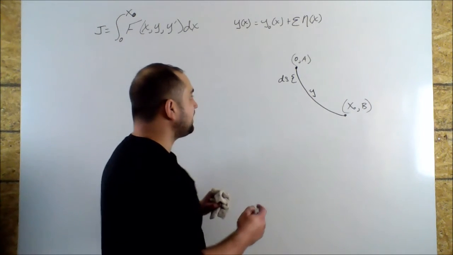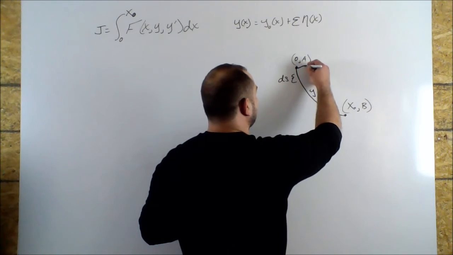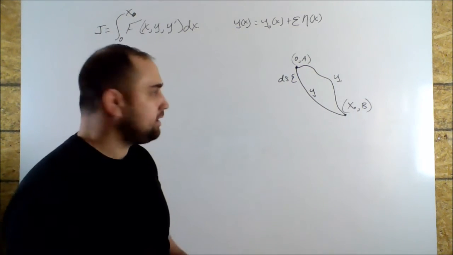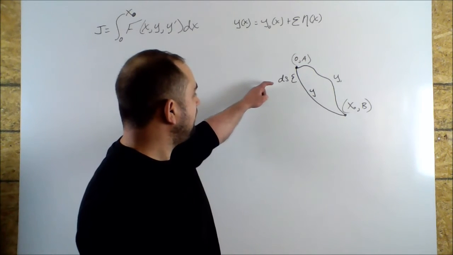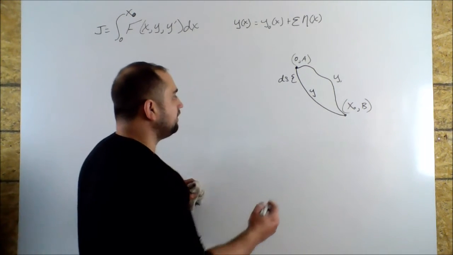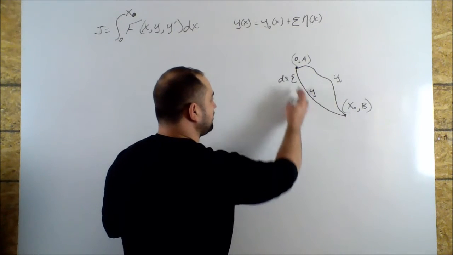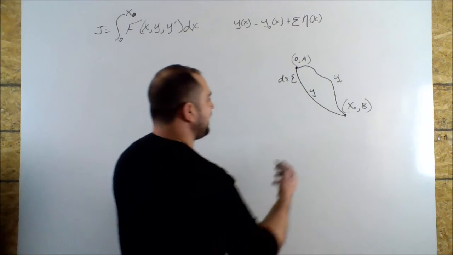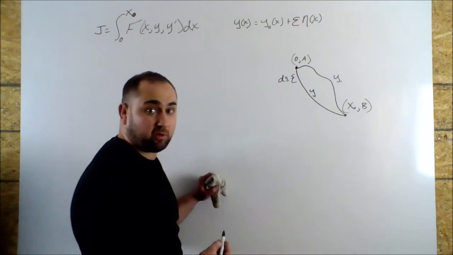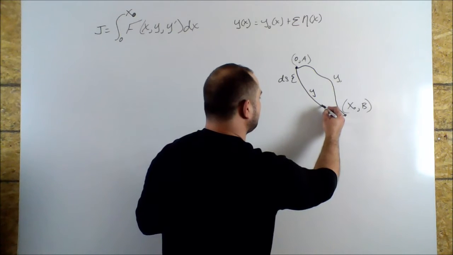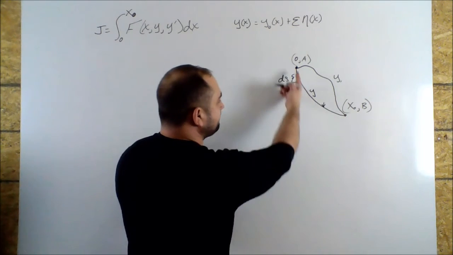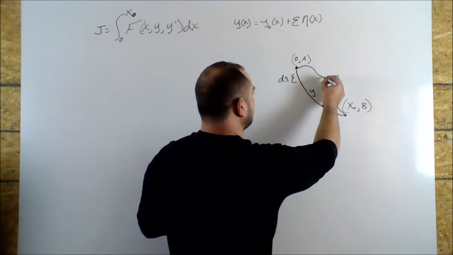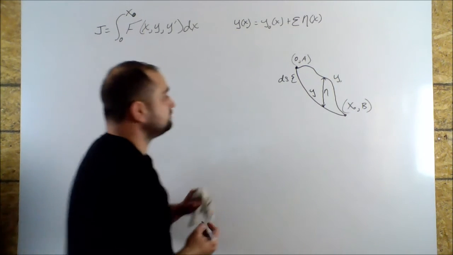To do that, we take a particular function that we're analyzing. Let's just call this y1. And we assume an optimal solution of y. So this is our optimal curve. We don't yet know what it is, but we're going to compare every other function to it. The difference between the optimal solution, y, and the curve that we're analyzing is simply eta.